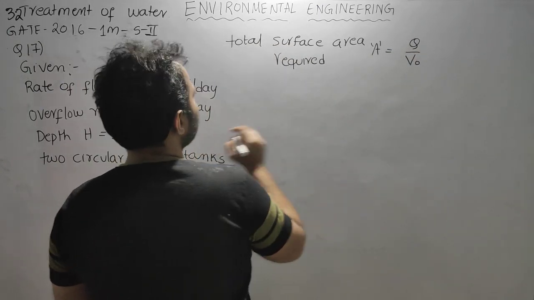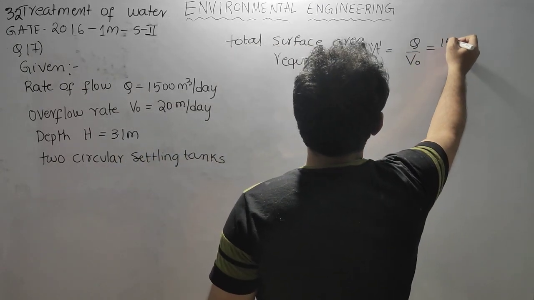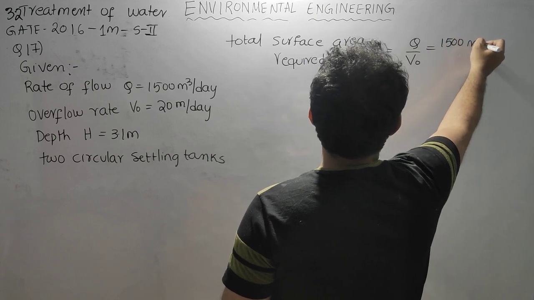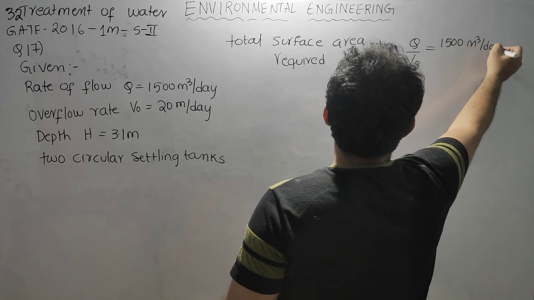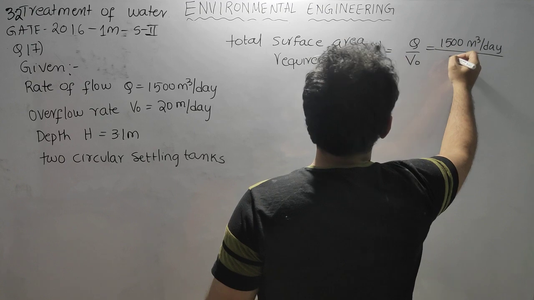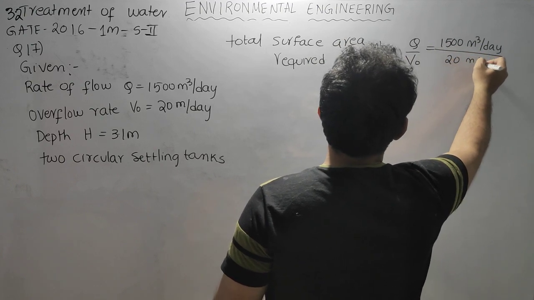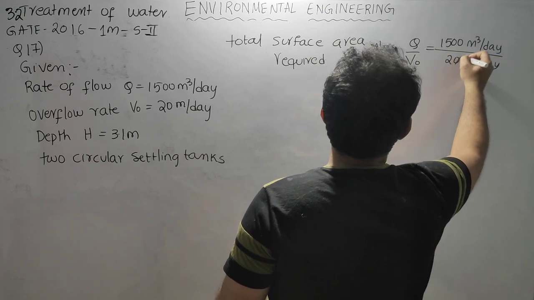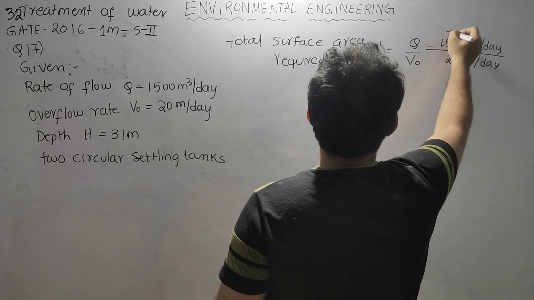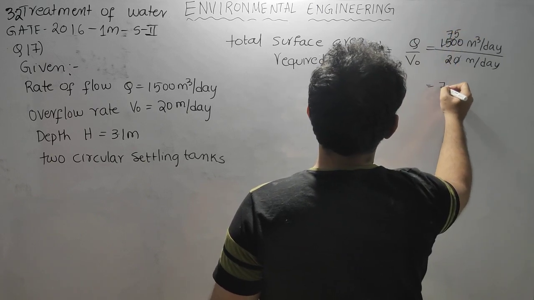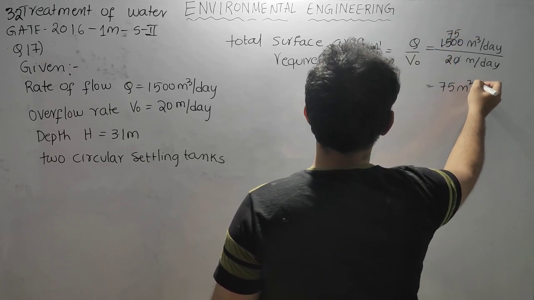It is 1500 meter cube per day by 20 meter per day, so it is nothing but 75 meter square. This is total surface area.